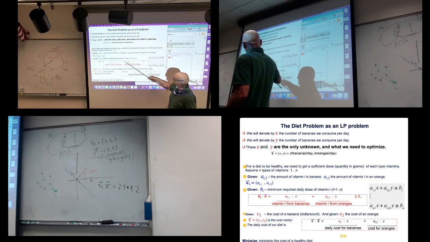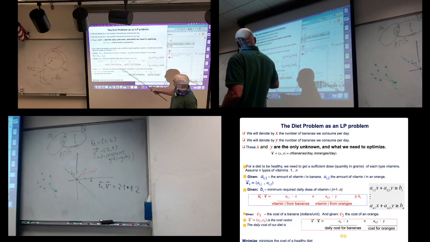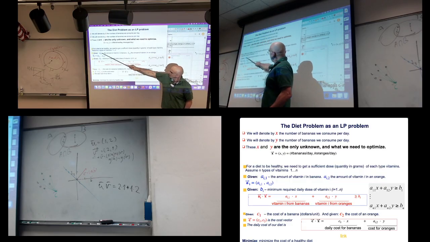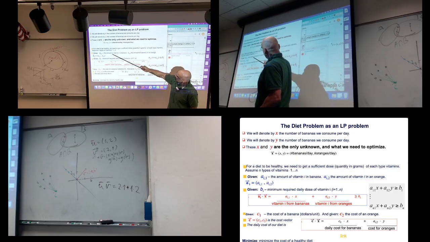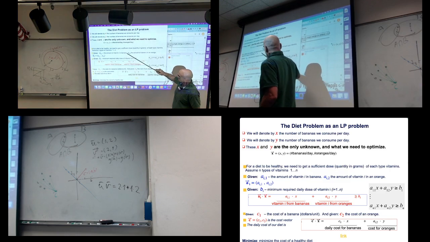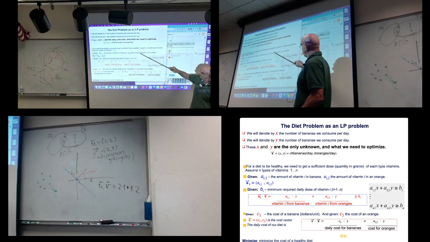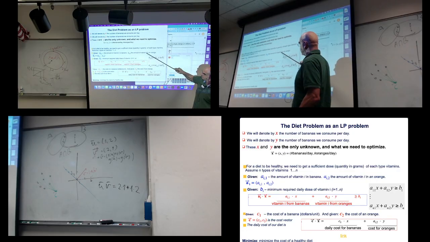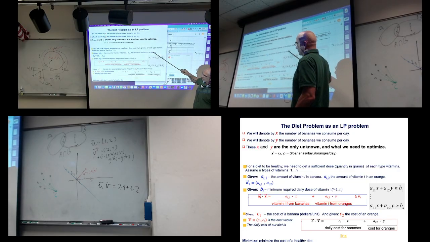What are the constraints? We are given constants. For every vitamin of type I, A of I comma 1 is how many units of vitamin I are in a banana, and A of I comma 2 is the amount of vitamin I in a single orange. X is for bananas, Y is for oranges.